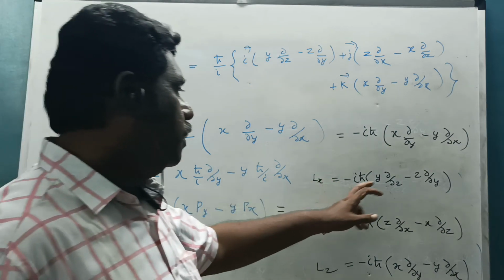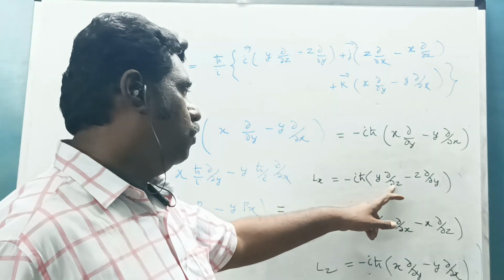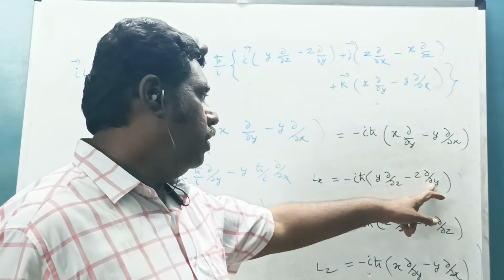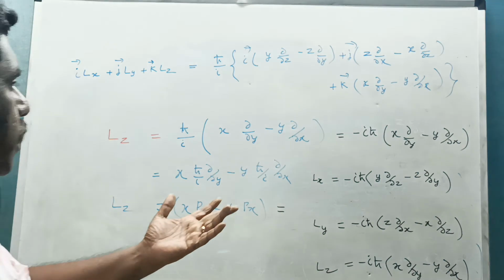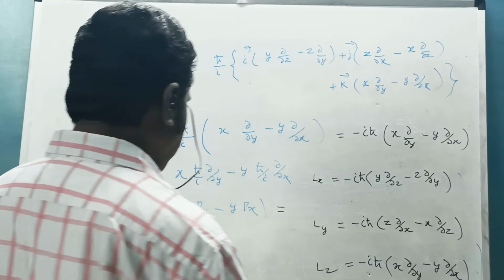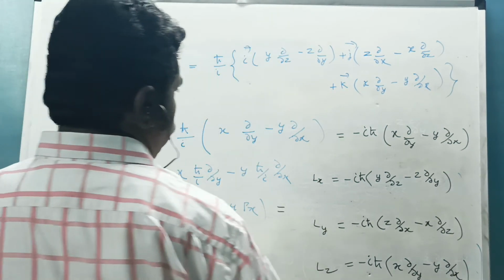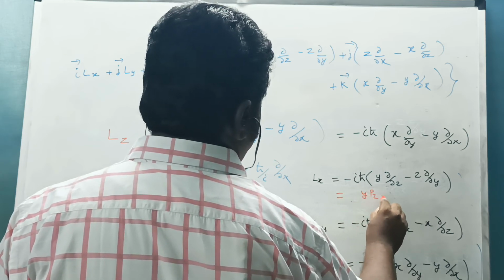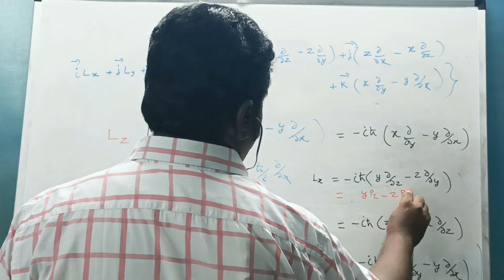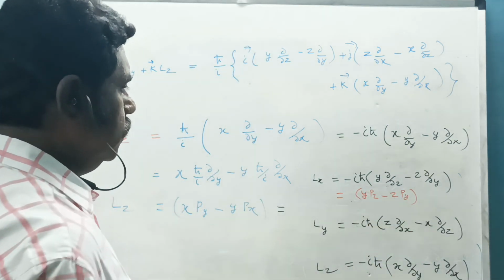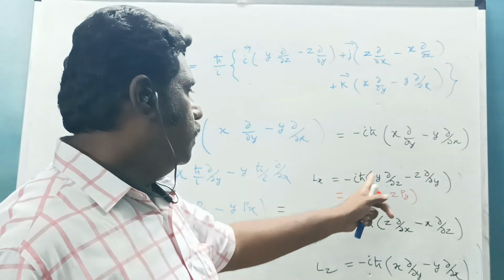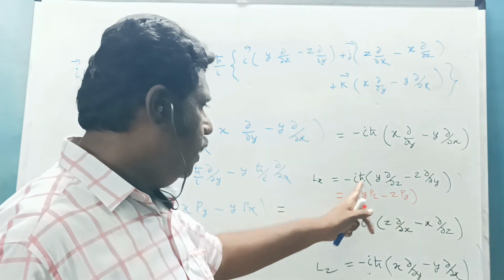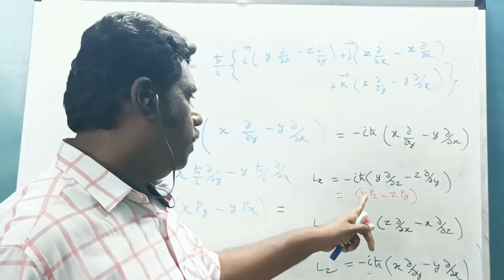Then minus iħ ∂/∂z is our pz, so y pz, minus z into minus iħ ∂/∂y, which is our py, so minus z py. That is another form. So this is changed as Lx equals y pz minus z py. This is another form, because minus iħ ∂/∂z is our pz, or ħ/i ∂/∂z is also pz, both are the same.